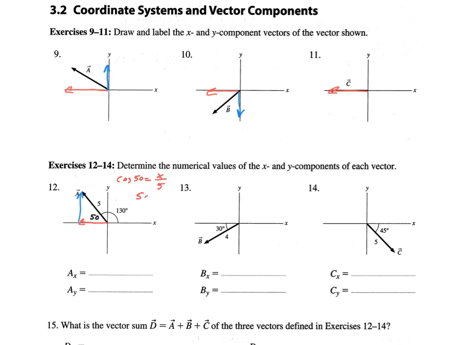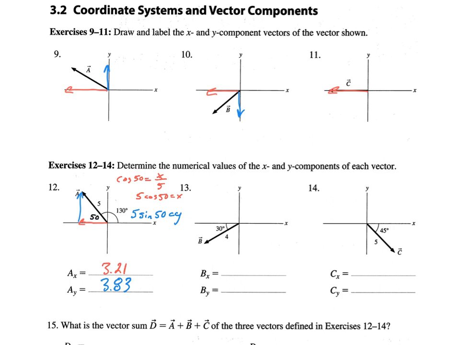So 5 times the cosine of 50 equals x. And if you put that in your calculator, you should get 3.21. Blue is going to be 5 times the sine of 50 equals y. And you put that in your calculator, you should get about 3.83.